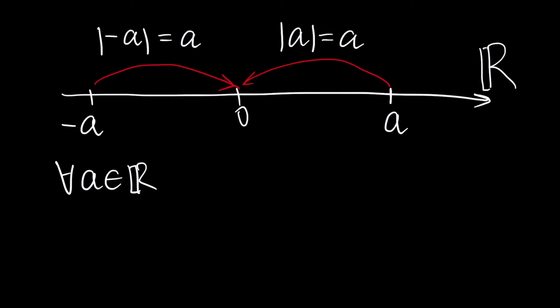As I already mentioned, this symbol in mathematics denotes "any", so this is the notation for any number A. This symbol means any number in the set of real numbers. For any real number A, we have this notation: the absolute value of number A.